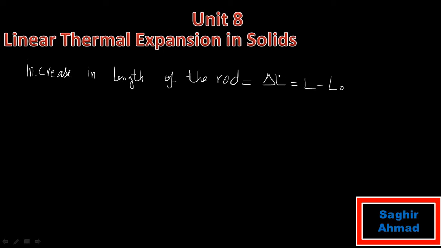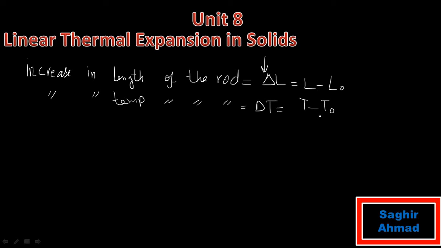The increase in length of the rod we show by a symbol called del. This shows that the length is changing, and we calculate it by subtracting the original length from the final length. The increase in temperature of the rod is also denoted by del T, and that is equal to T minus T original or T naught.